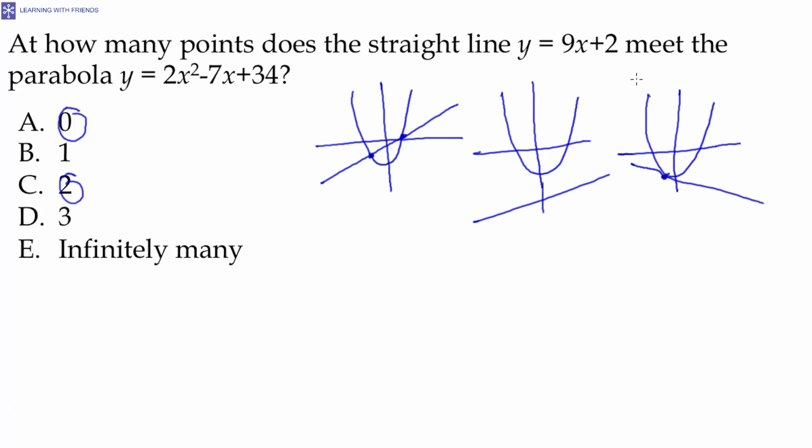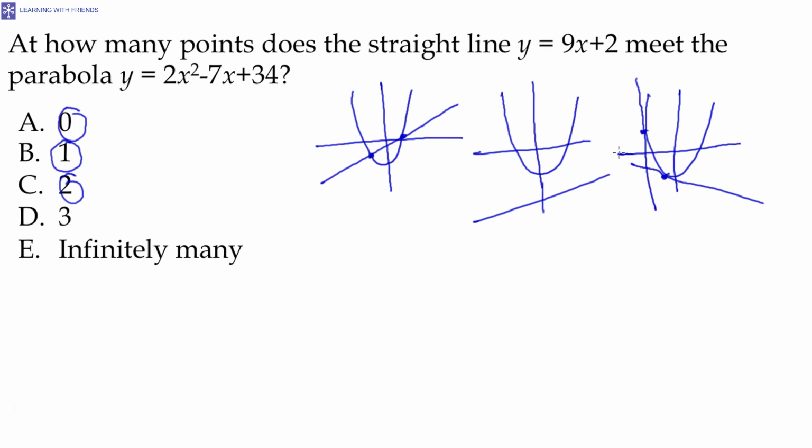It could be a tangent here, it could be a tangent here at any point. So I'm just giving you different scenarios. So even 1 could be our answer, right? So basically it could be one of these 3 scenarios. 3 and infinitely many is not really possible for a straight line and a parabola. So therefore we have to figure out which of the first 3 options could be the right answer, whether it's 2 points, whether it's 0 points, or whether it's 1 point as in a tangent.